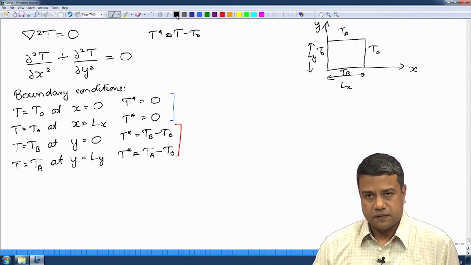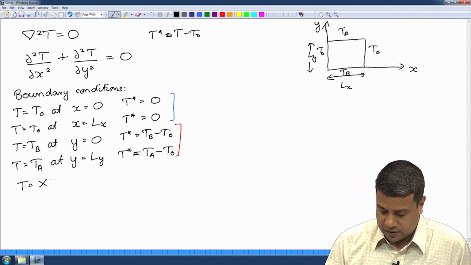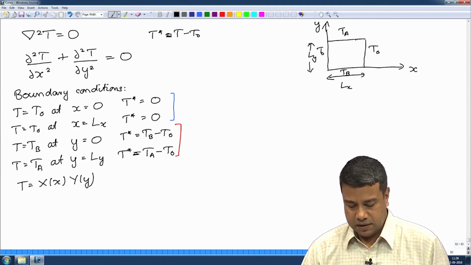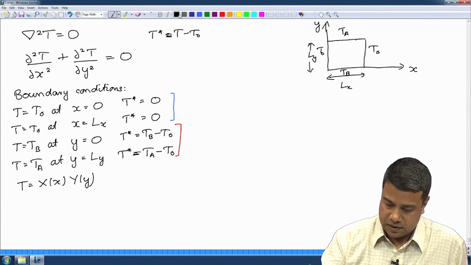Okay. So, the first thing I have to write is T is equal to some function of x times some function of y. Insert that into the conservation equation.